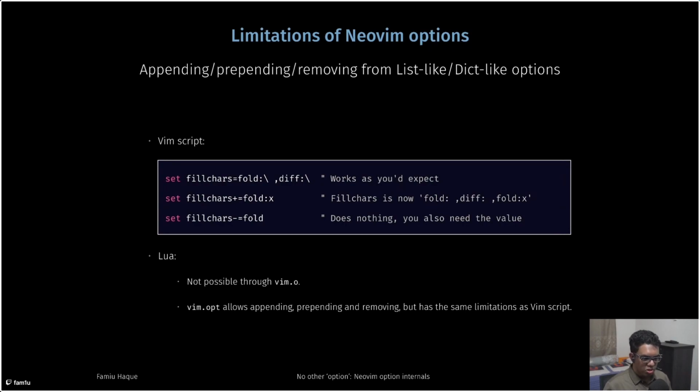But this has the same limitations as Vim script. The one limitation it doesn't have is the second line problem, that's fixed. So if you append to fold, for example, like this, it actually replaces the value instead of adding on top of it. So that one's fixed, but otherwise every other problem remains.